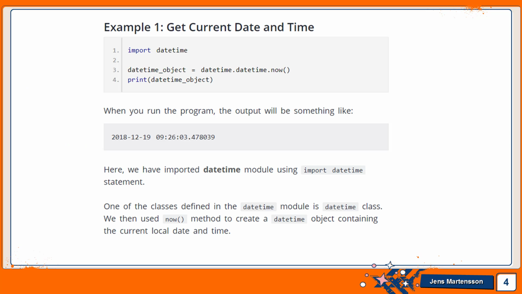In the first example here, if you make an object datetime.now and print the datetime object, it will bring you this, the date and the current time.